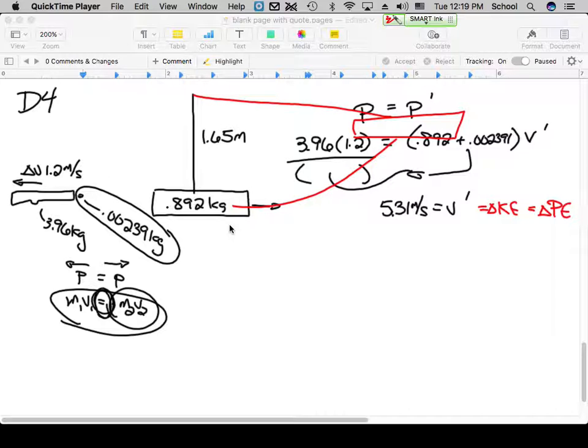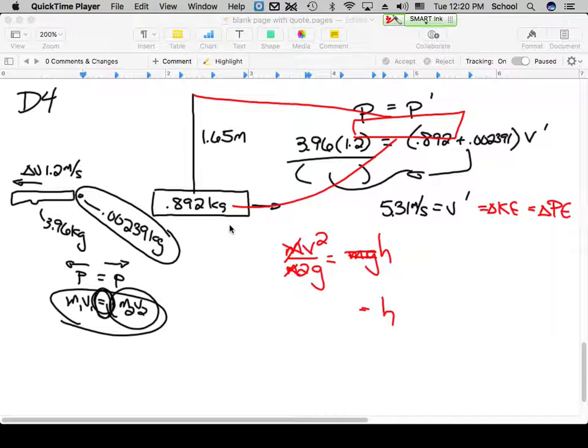Kinetic energy is equal to mv squared over 2, and potential energy is equal to mgh. If I want to know how high it went, all that velocity is going to turn into height. So the mg is going to come down, the m is going to cancel, and h is going to equal v squared over 2g.